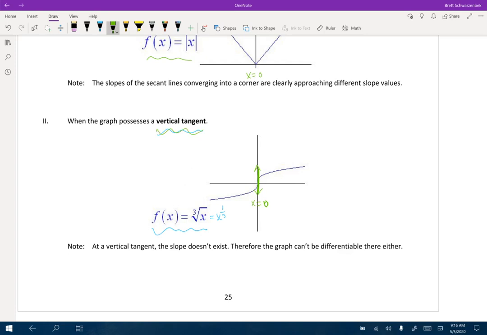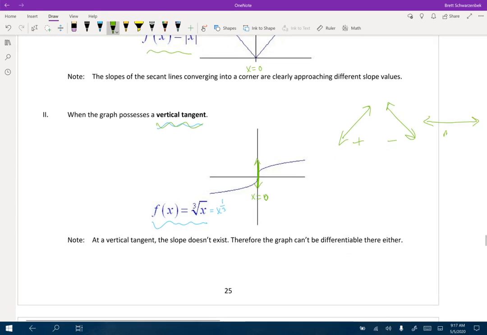So you might say, well, what's wrong with that? Can't we find the slope of that? And the key to understanding this is, no, you can't. You can find the slope of a rising line at some positive number. You can find the slope of a diving line at some negative number. You can even find the slope of a horizontal line. The slope of a horizontal line is 0.